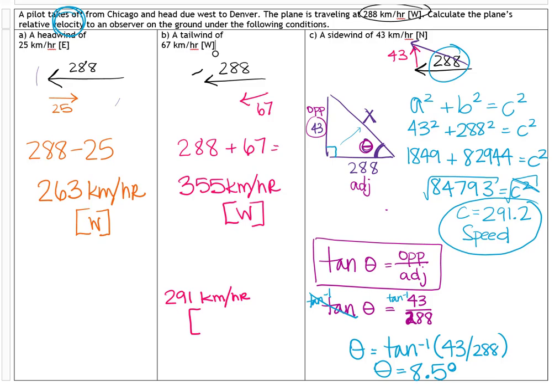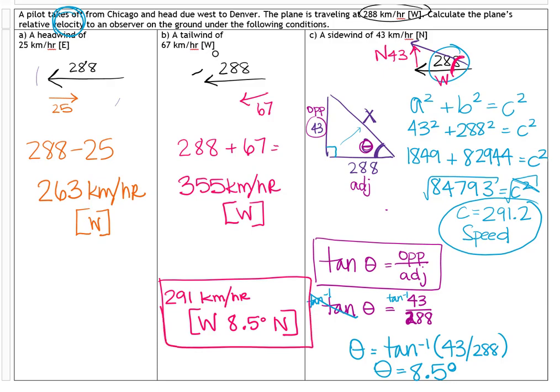So remember, it's got to be in parentheses. And remember, our angle is down here. We were going west, and then we got pushed north. So we're going to say west, and then we went 8.5 degrees towards the north. So this whole thing is our answer to the third one.